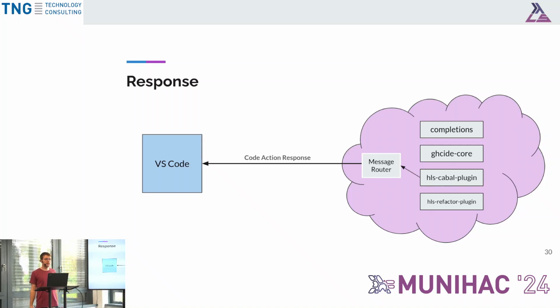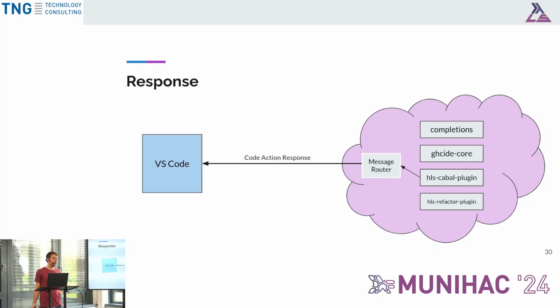The message router then takes these responses and combines them in some way. How they are combined depends on the LSP message. So for example, for code actions, you can just take all code actions and show them to the user and tell them, look, I have so many ways of fixing this issue, and the user can then pick the best one.